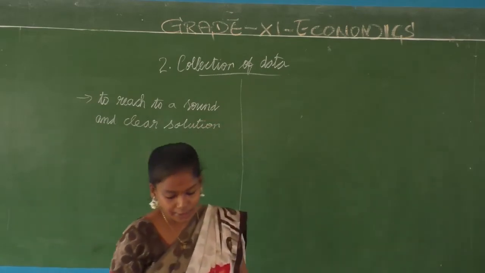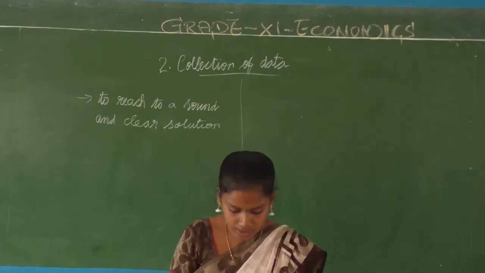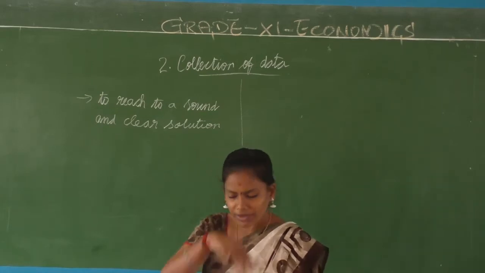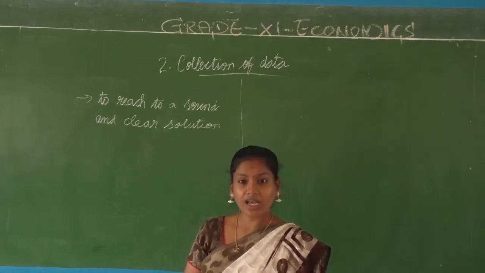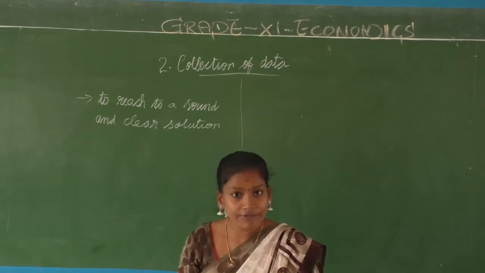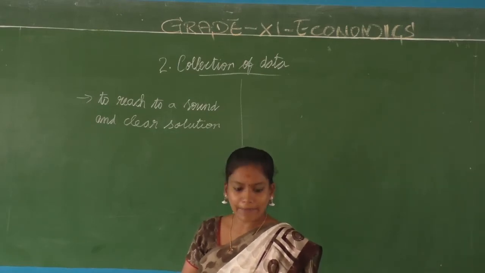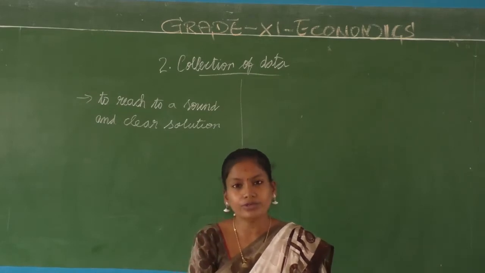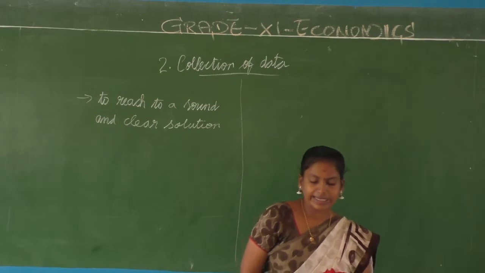That is why we need to collect data related to it. So what are we going to do in this chapter? We are going to talk about the purpose of data collection, methods of data collection, the sources of data collection, and then the techniques of sampling. Finally, we are going to talk about the important sources of secondary data.